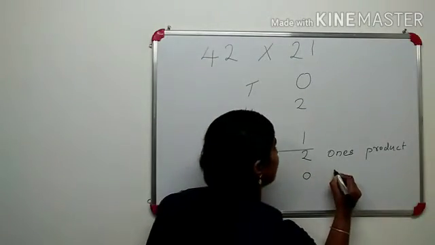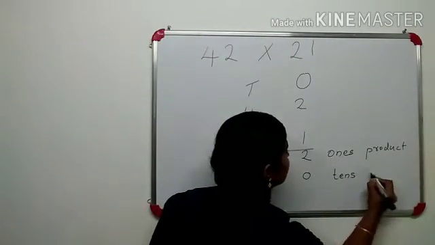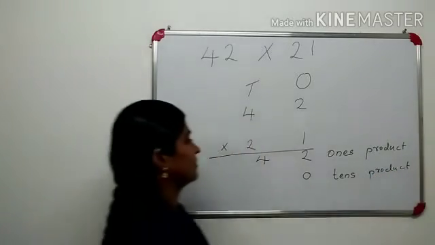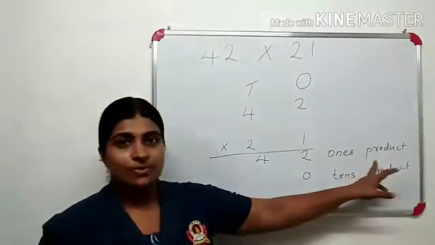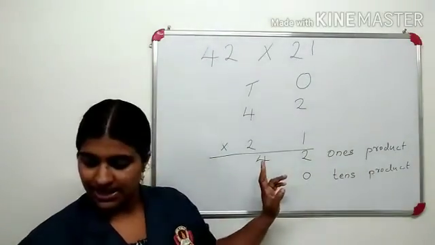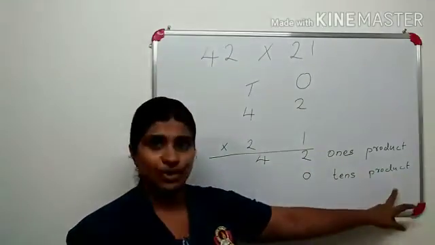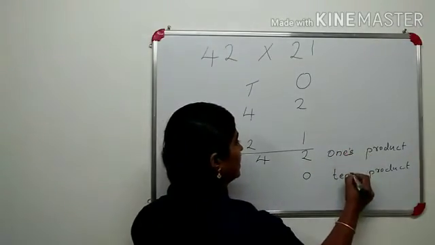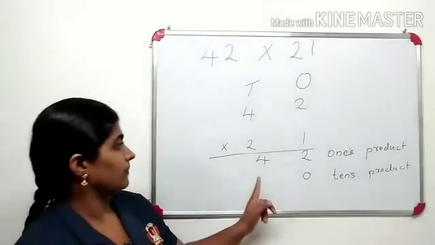And this is the tens product. First row is the ones product and second row is the tens product.